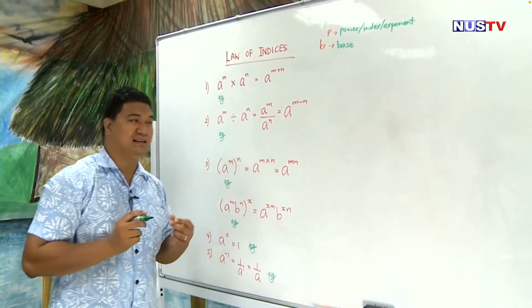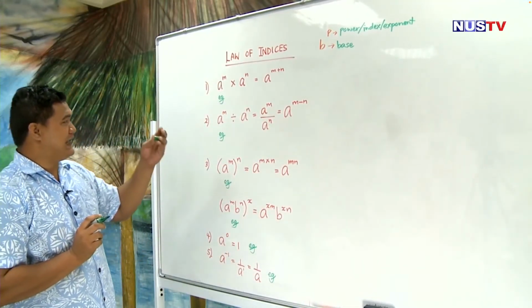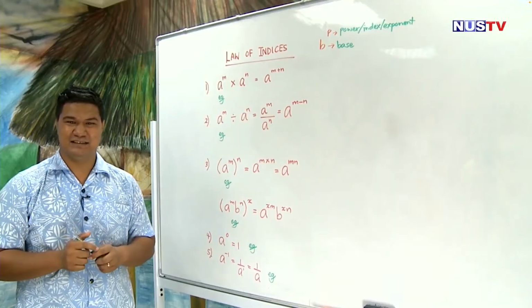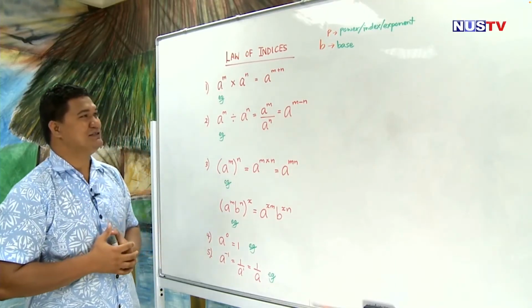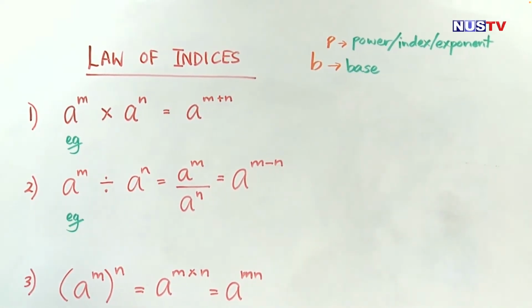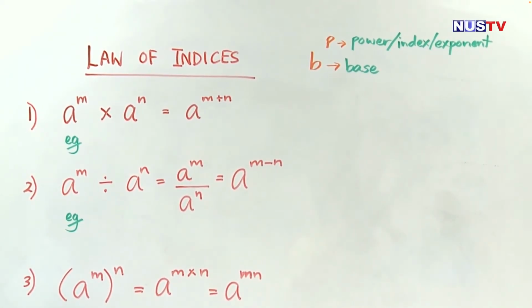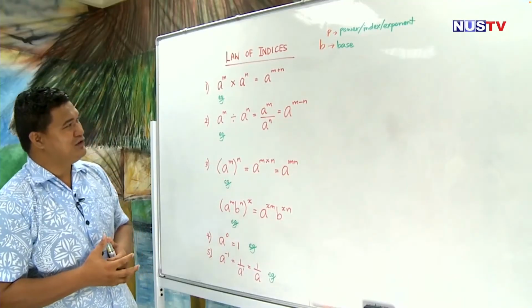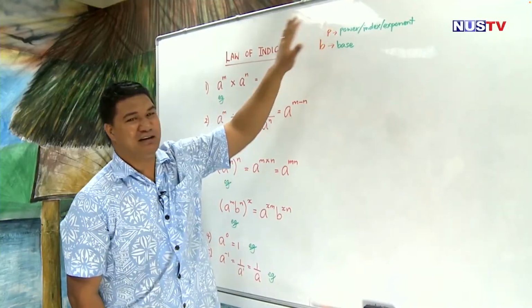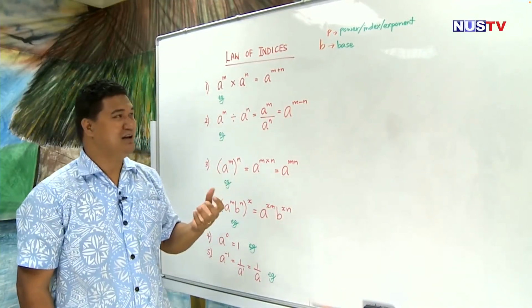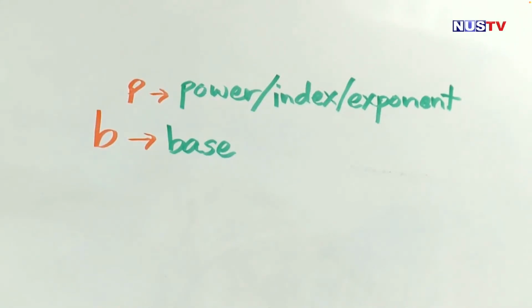So whenever we say law of indices, we are basically talking about the law of powers or law of exponents. They all mean the same thing. So now we know what we call the base, and the power there is what we call the power, or index, or exponent.